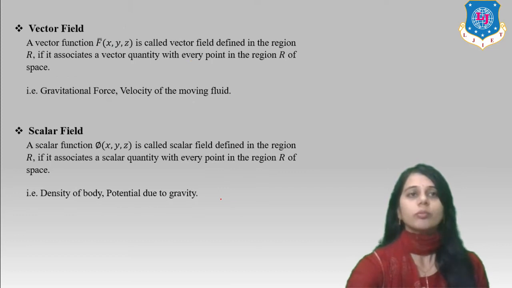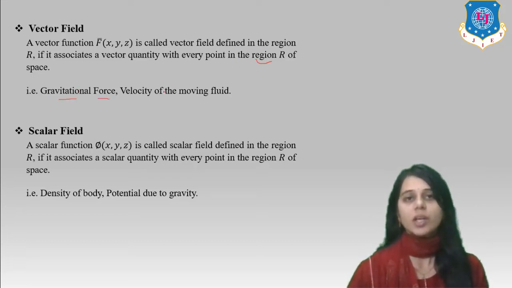Okay. Now vector field. A vector function f bar xyz is called a vector field defined in the region R if it associates a vector quantity with every point in the region R of the space, like the gravitational force and velocity of a moving fluid.